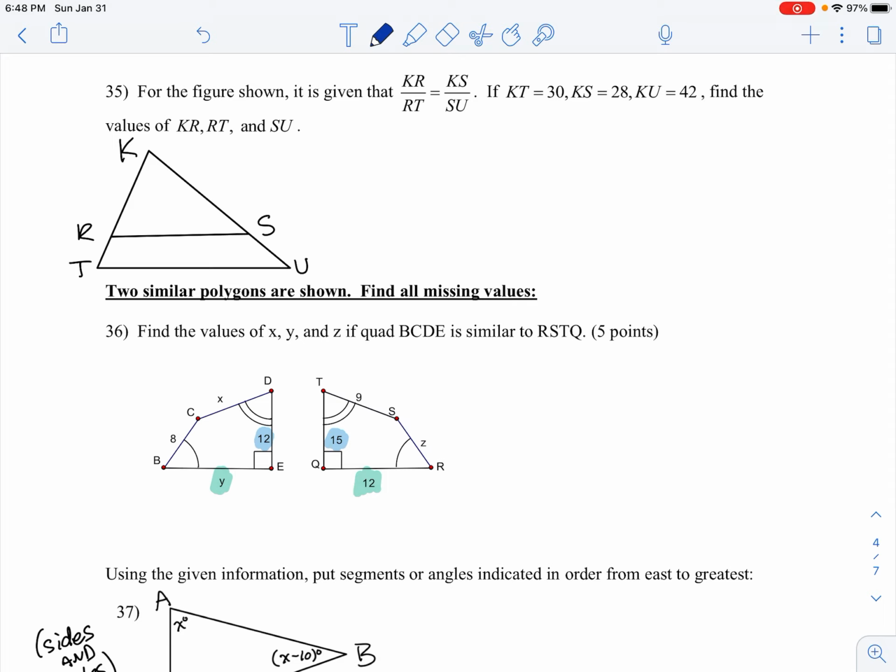All right, so I could do the blue to the blue equals the green to the green. Just make sure that when I did blue to blue, I had my left-hand one on the top and my right-hand one on the bottom. So basically, you just want to be consistent. Or you could have compared blue to green in one triangle to blue to green in the other triangle.